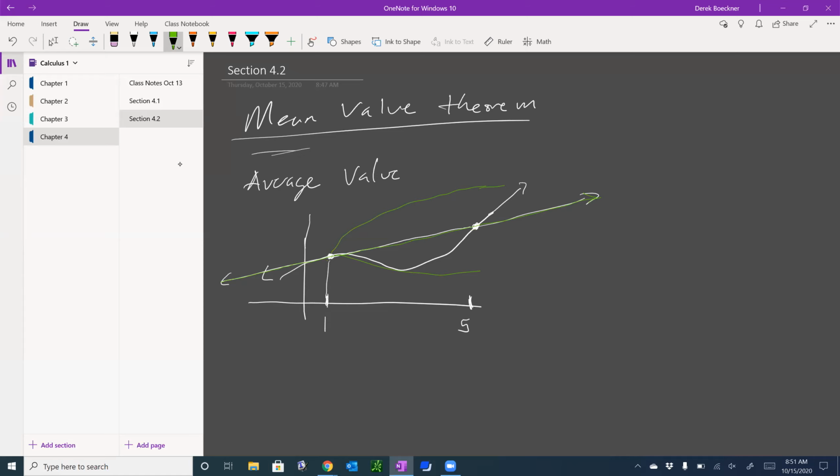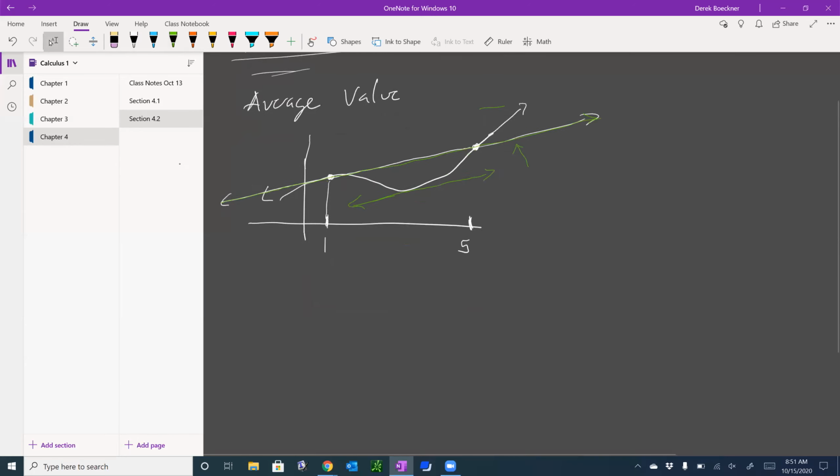And so what the mean value theorem here says is there's always some point on this curve that has a tangent line which runs parallel to that secant line, right?